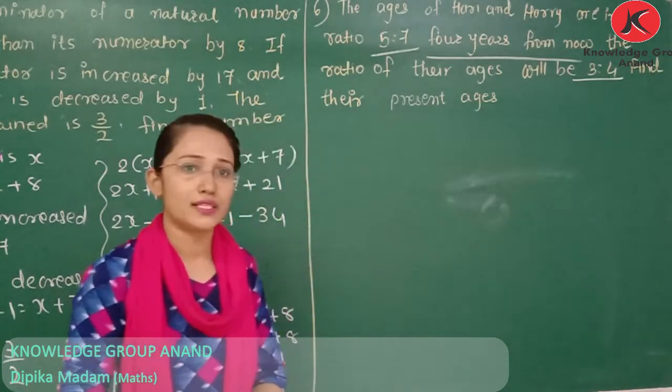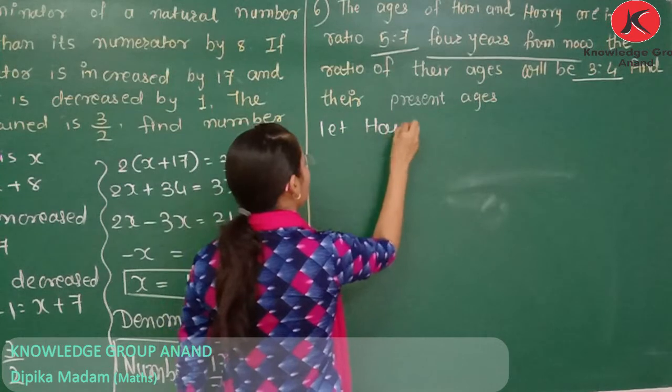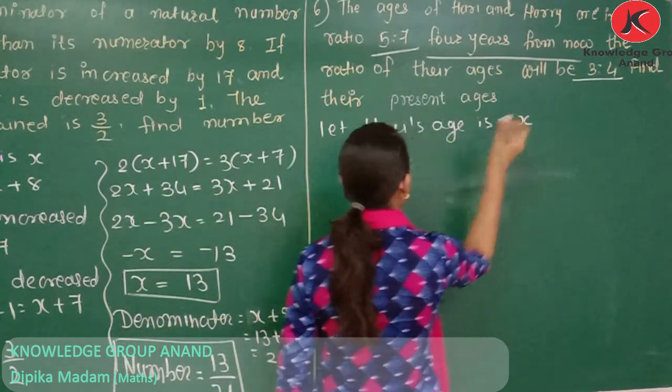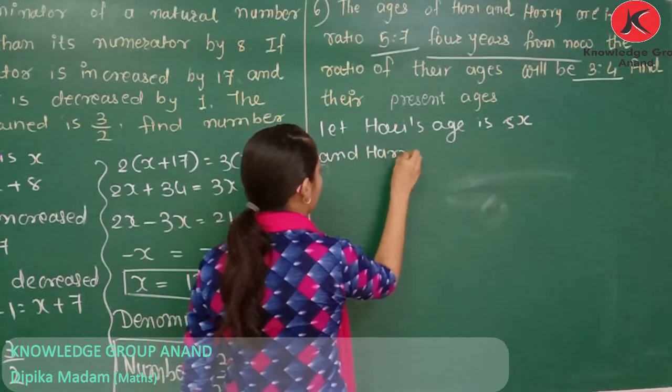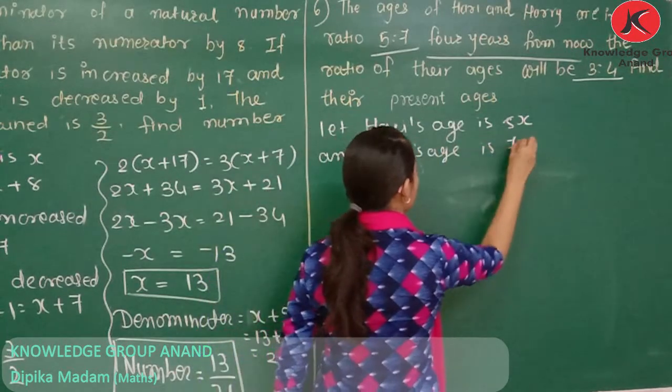Same, we have to apply the same. Let Hari's age be 5x and Harry's age be 7x.